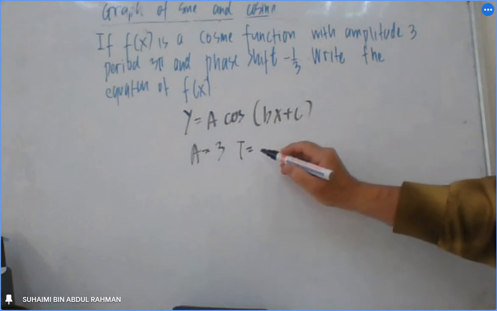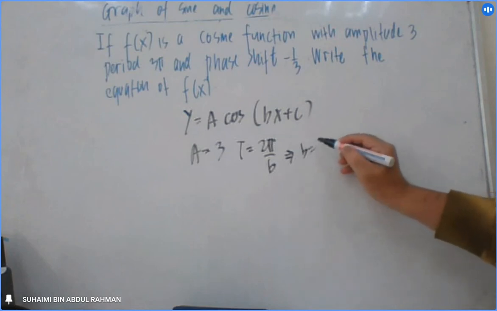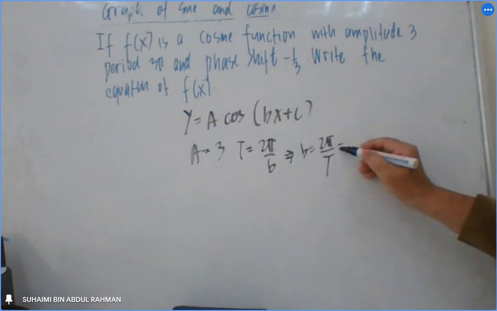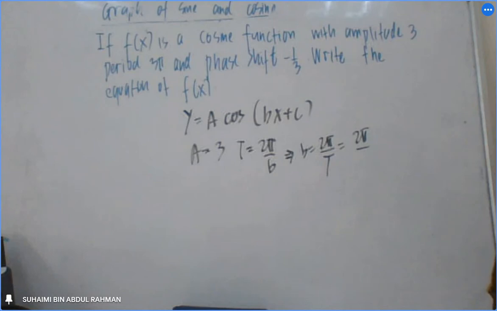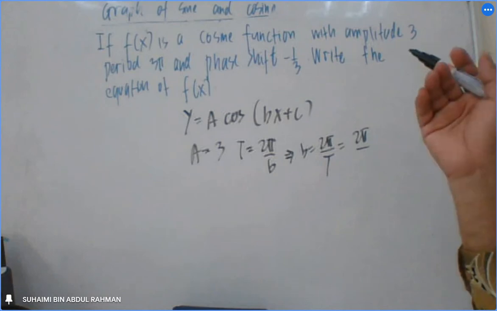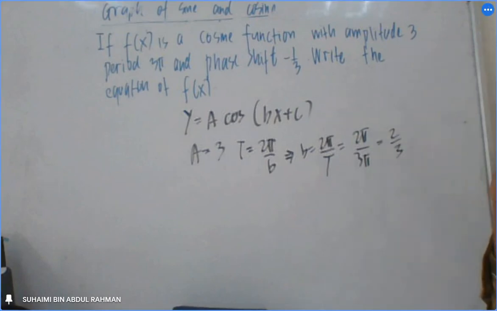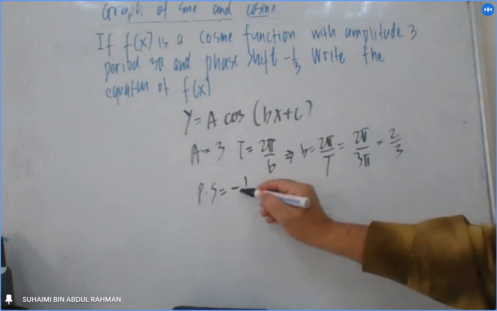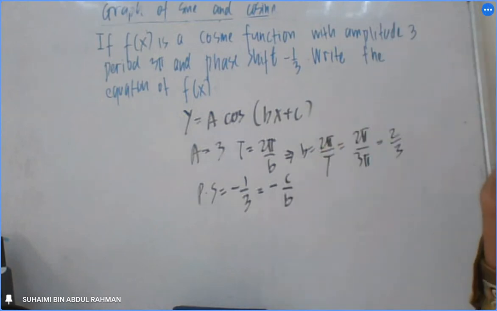Period is 2 pi over b, therefore b is 2 pi over the period. What is the period? 3 pi. Therefore, b is 2 over 3. And phase shift is minus 1 over 3, and also phase shift is minus c over b.